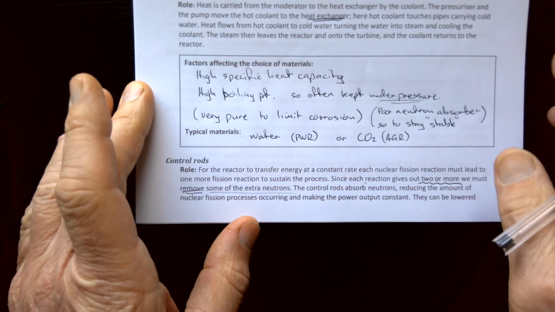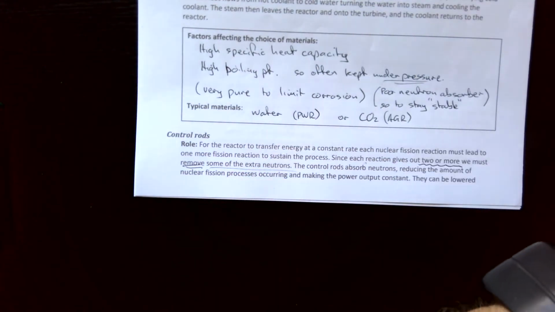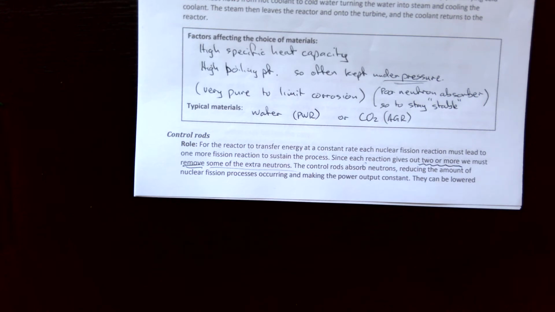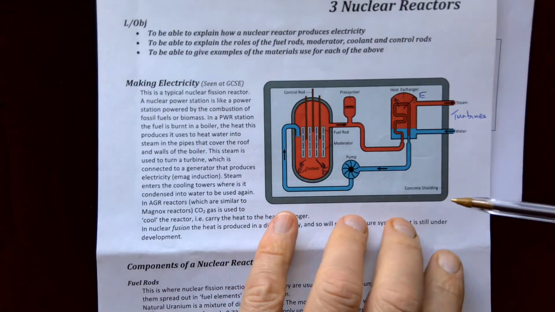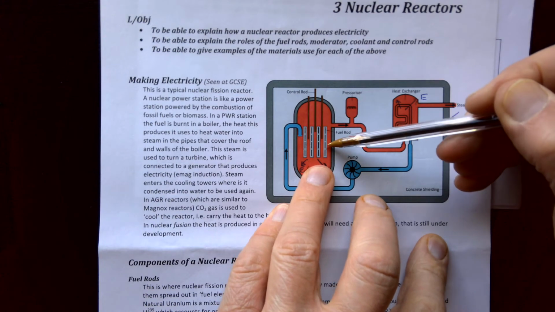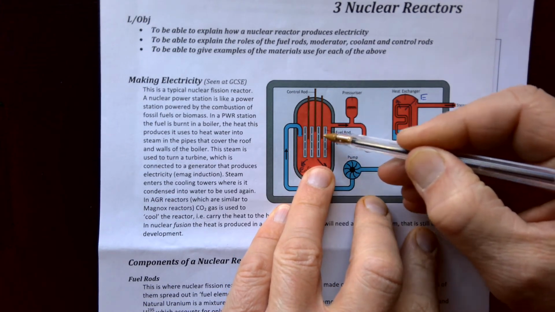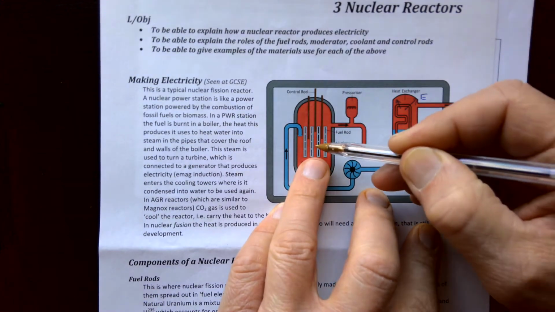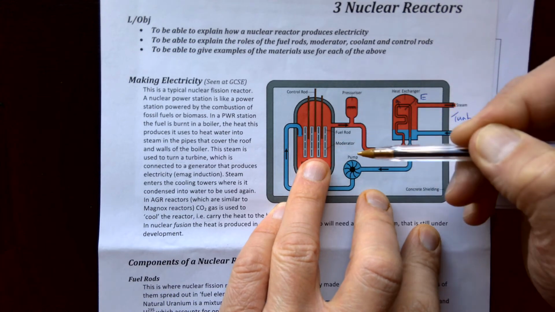So what we have are control rods that are raised and lowered within the reactor itself. If I just bring my picture back, here we go, slightly different picture. These are lowered in and out between the fuel rods and moderators, so that as the neutrons fly around within the pressure vessel, some of them are stopped on the way, some of them are absorbed by the control rods.